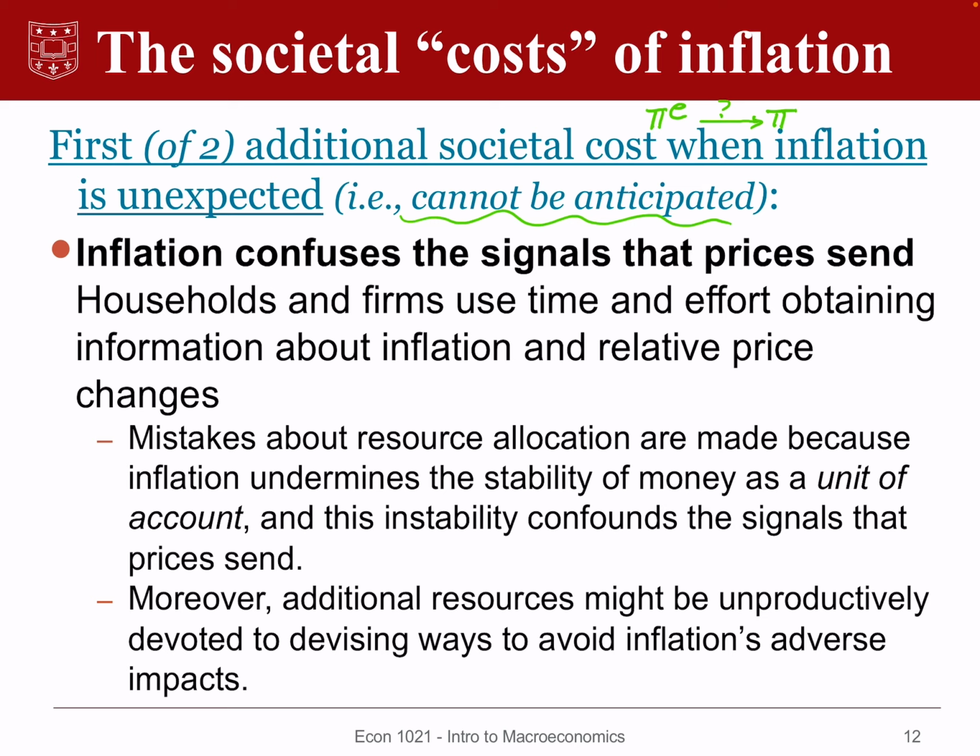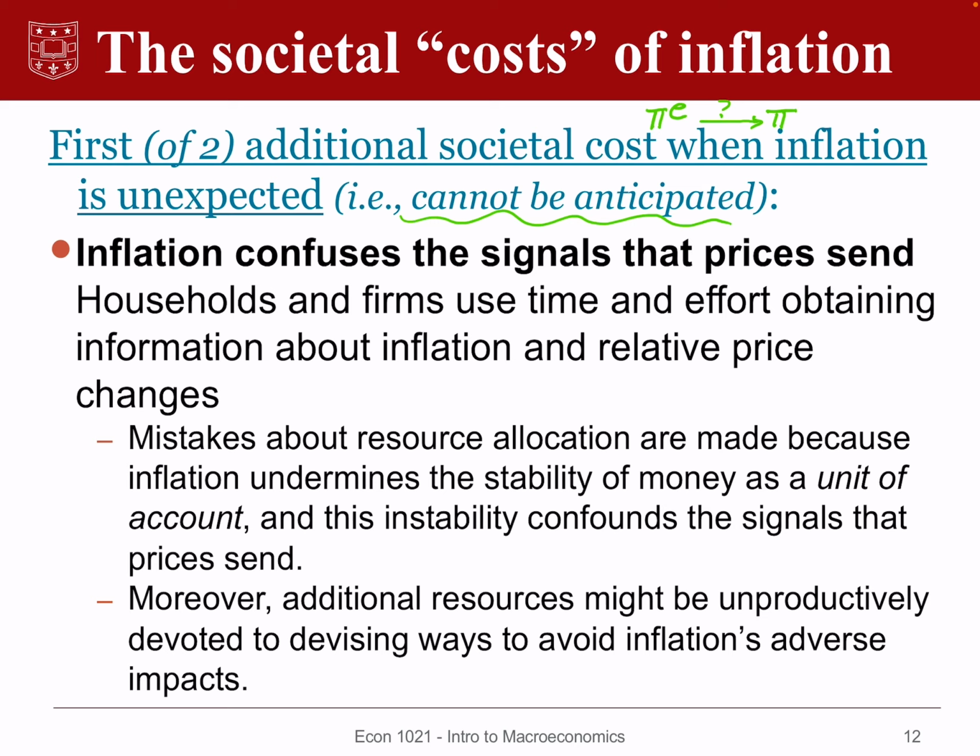Or suppose overall prices were rising by 2% and your price rose by 4%, in which case you should be producing more output. Or suppose overall prices rose by 6%, but your output price only rose by 4%. Well, then your stuff is relatively less desirable and you should not be producing any more of it.